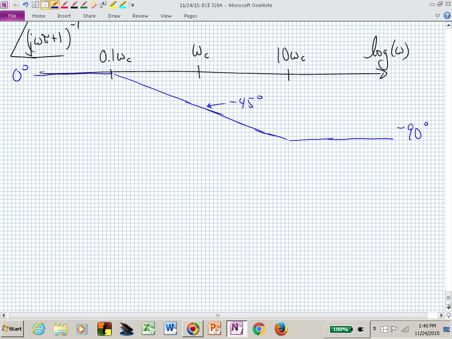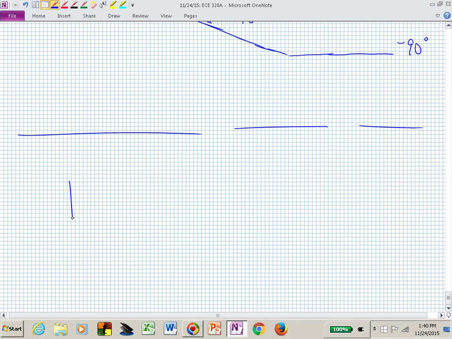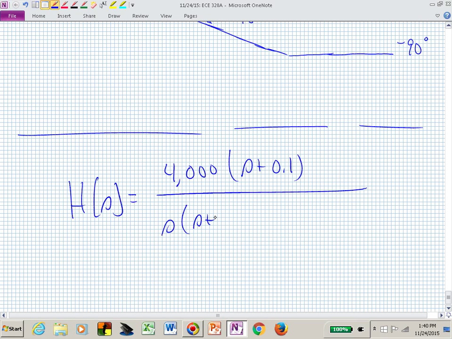What we want to do is start to do this for a more involved transfer function. So, while you are participating in your break activities, you can be thinking about how you would sketch the Bode plot of that.